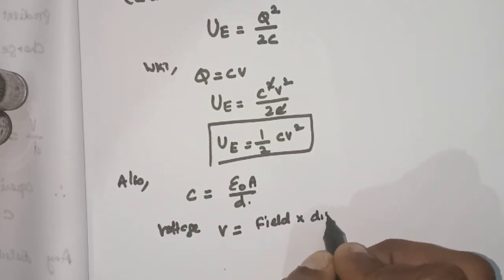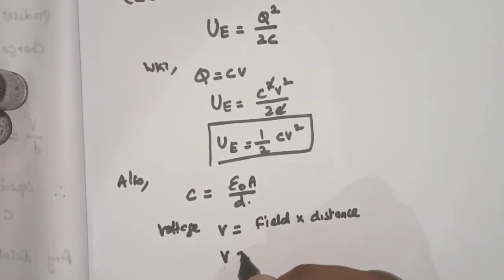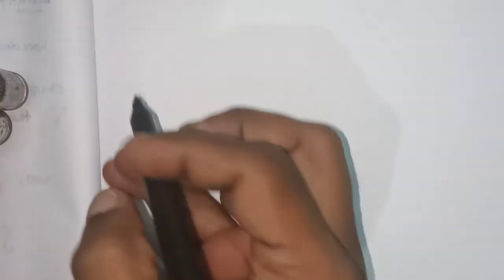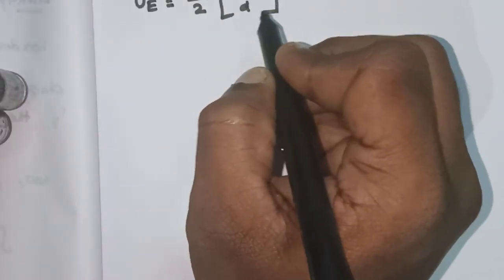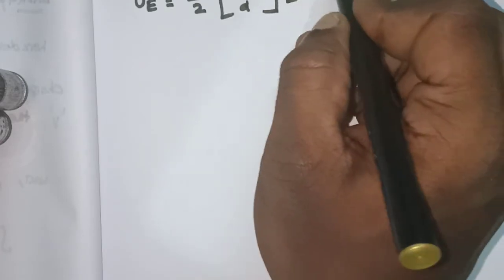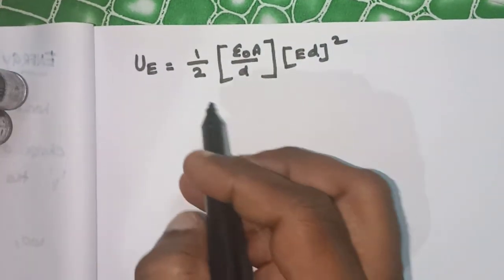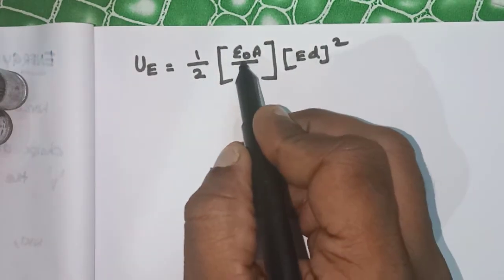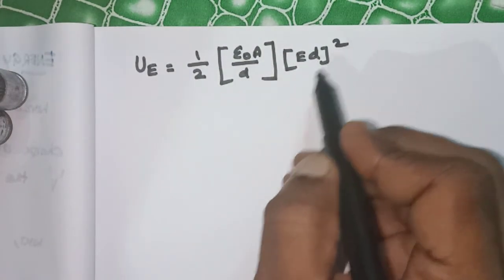Field into distance, that is V equal to E into D. Okay, so UE equal to, I am going to substitute the values of epsilon naught A divided by D into, so instead of the value of V, ED whole square. Okay, so UE equal to half epsilon naught A by D into ED whole square.